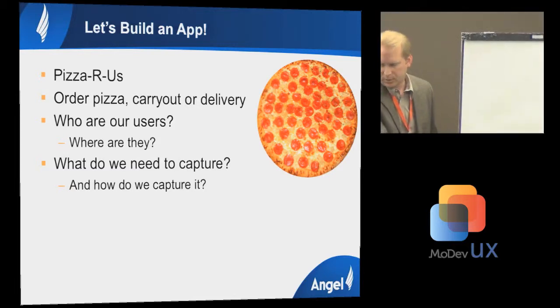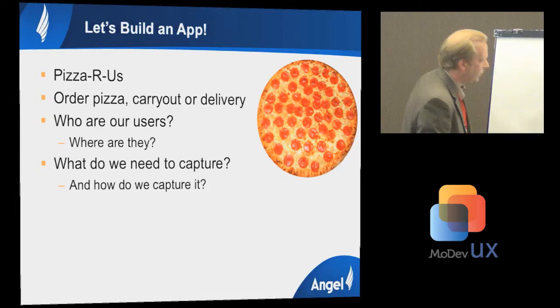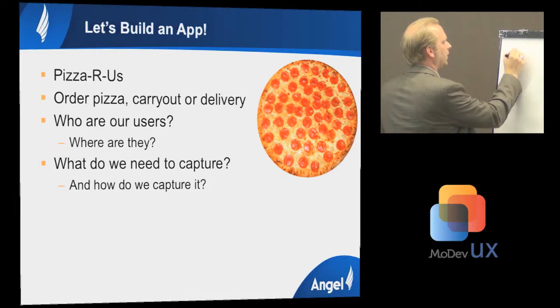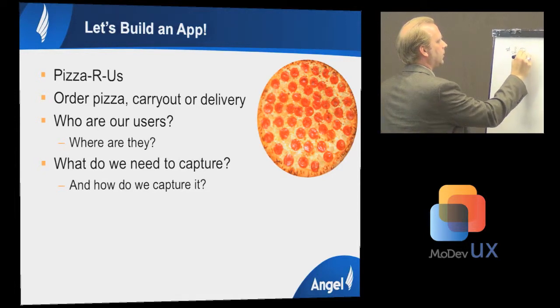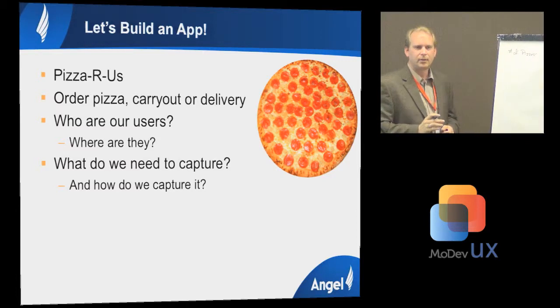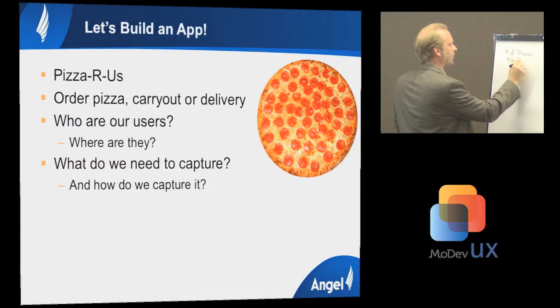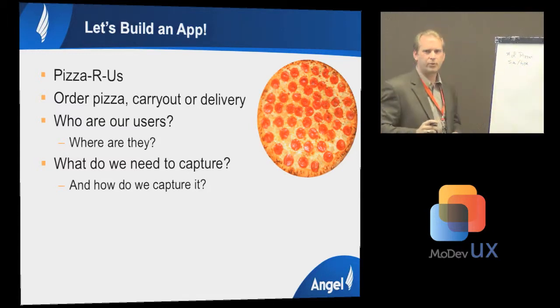What kinds of things, and I will start writing some of these down, do we need to capture to do this pizza thing here? Number of pizzas. All right. Right, how many do you want? Pizza size. Size or type, yep. Square, round, triangle, what?